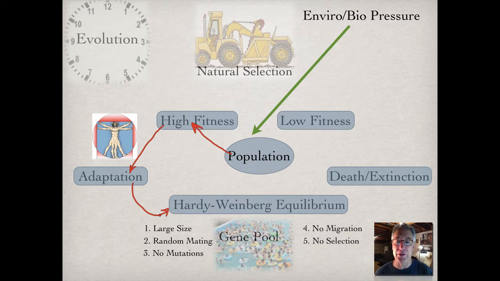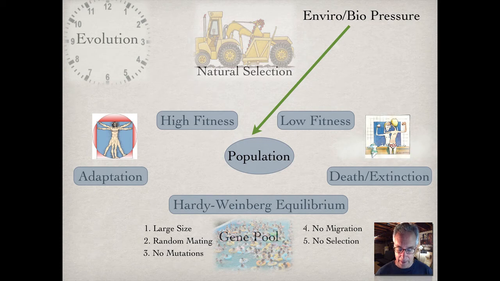Now, in the case of a trait maybe not making it, or having low fitness, what's going to happen is, as it doesn't make it, or it has fewer numbers, like in terms of bottlenecking, what's going to happen in this low fitness is eventually death and of course extinction are going to take place, and that too will also affect the frequency of the genes.